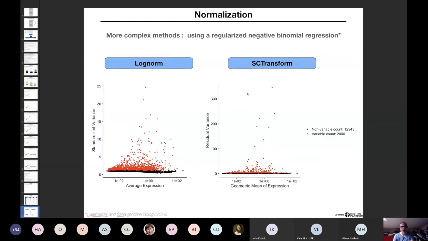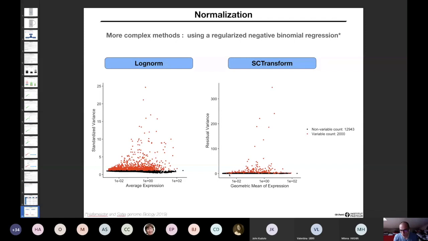The other normalization method that is more complex uses regularized negative binomial regression. I'm not going too much into details because it's more complicated than that. But you can see here the results of the different normalizations. On the left-hand side you have the data normalized by a log normalization using the UMI count, and here using the negative binomial regression.